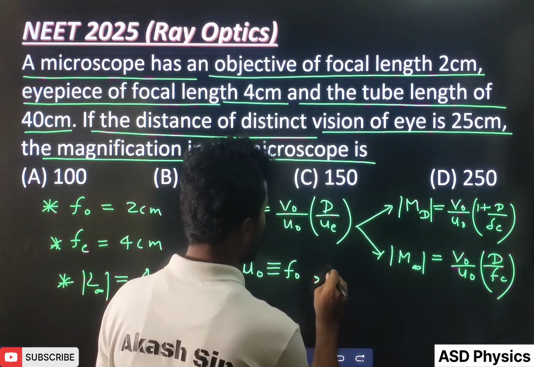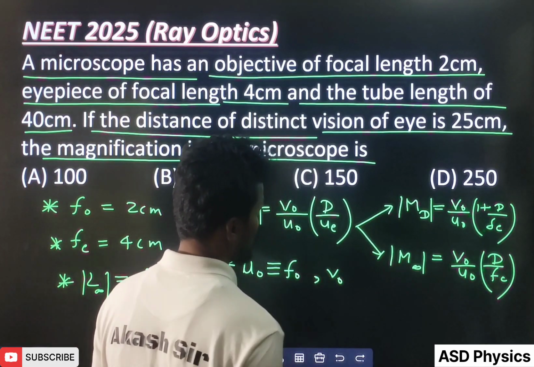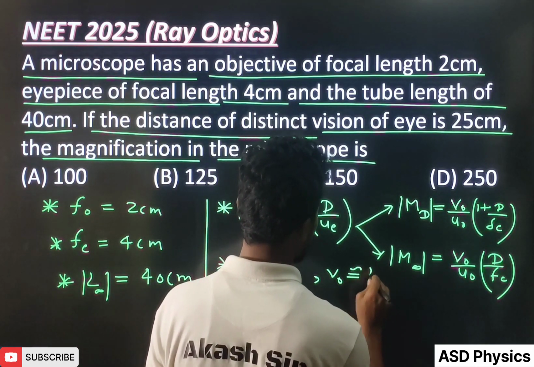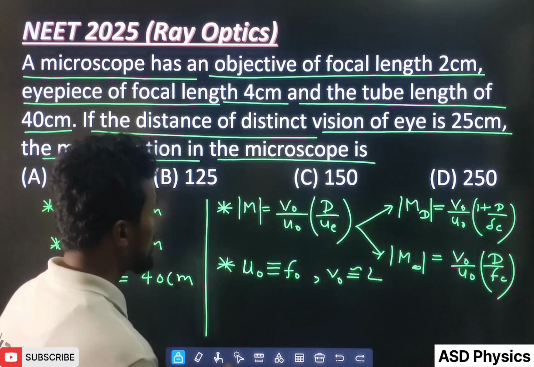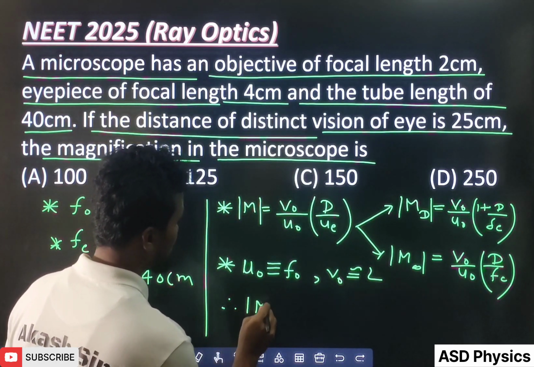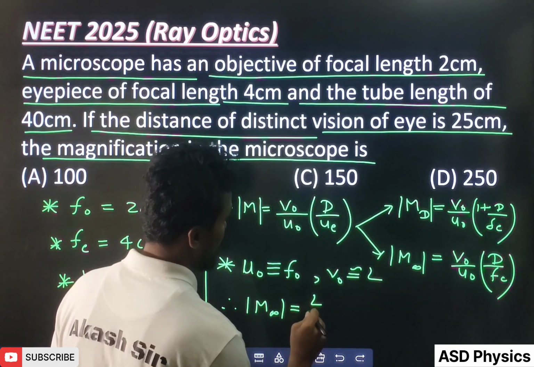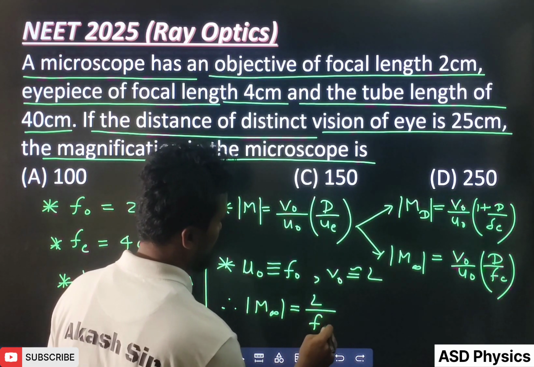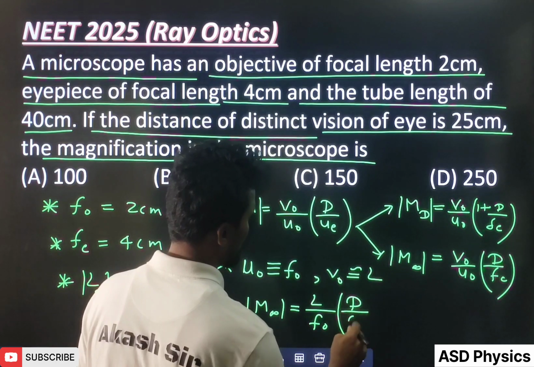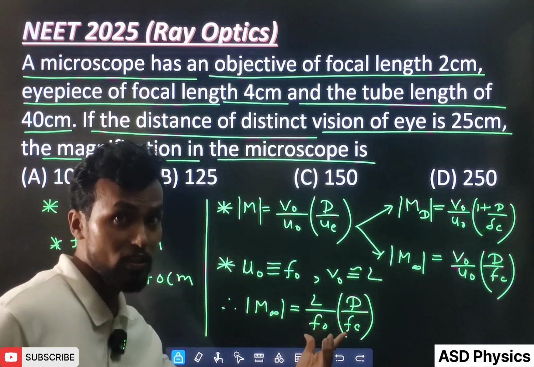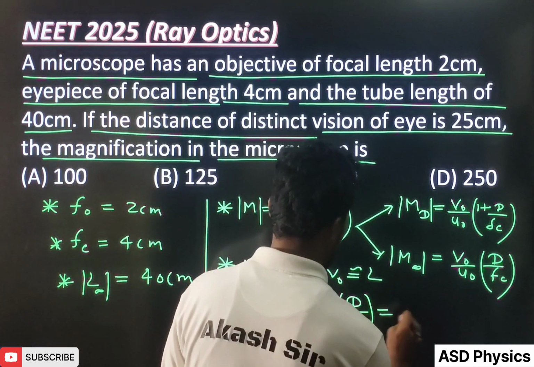So in this situation V0 will approximately become L. When I write the formula, it becomes mod m infinity is equal to L by f0 into D by FE. Now this is the approximate formula, please remember it. Now let's put the values.